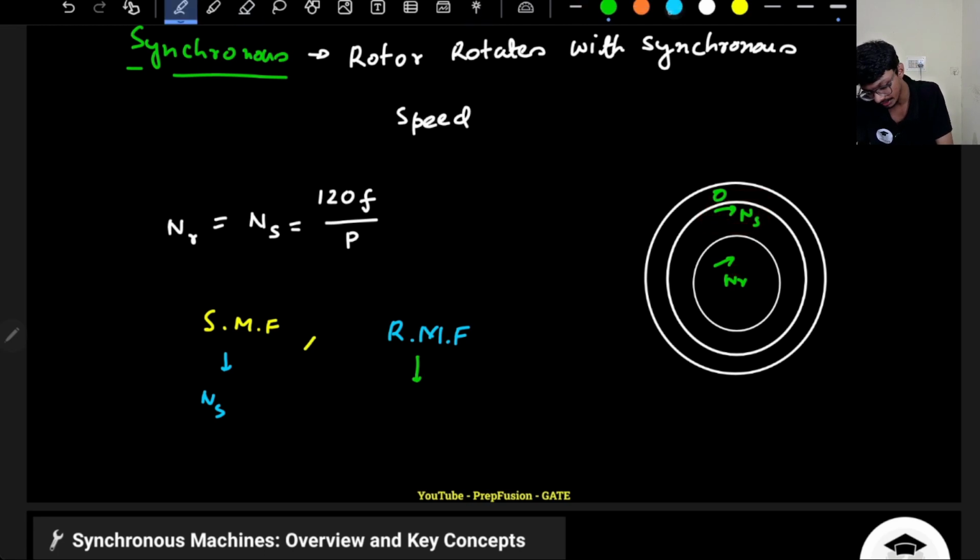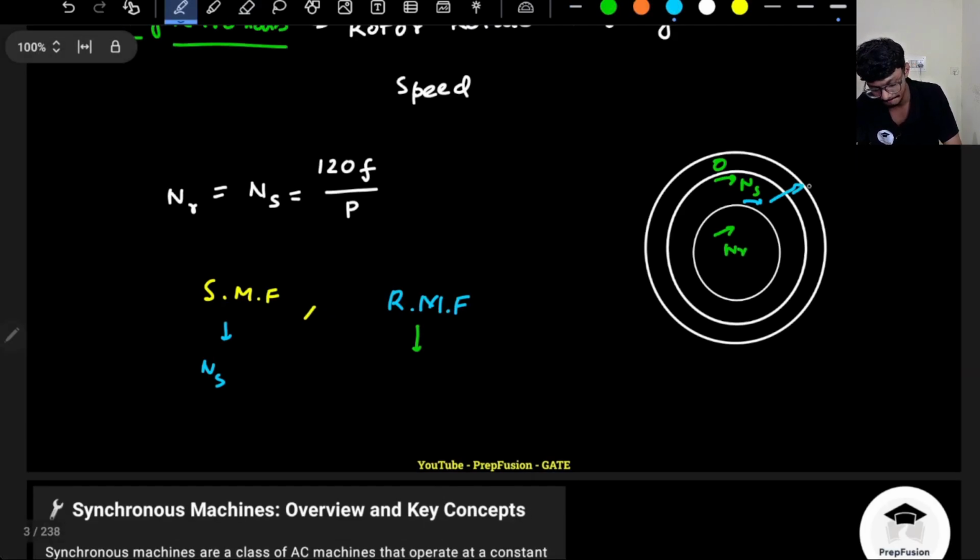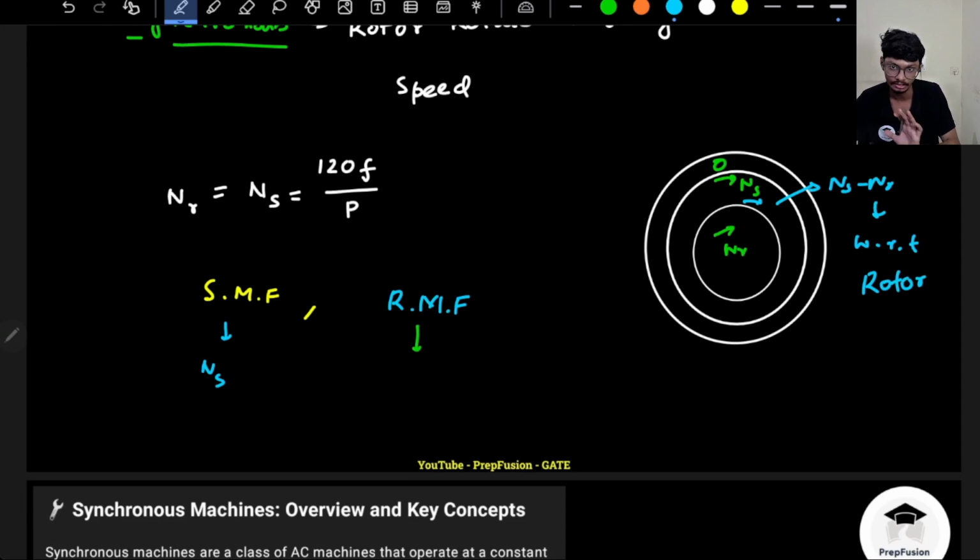So your rotor magnetic field with respect to the rotor had to provide an additional speed. It used to rotate with an additional speed of Ns minus Nr. Now this was with respect to the rotor, right? I'm just revising the induction motor working principle. Why was this required? Why did the rotor magnetic field need to provide this additional speed with respect to the rotor?